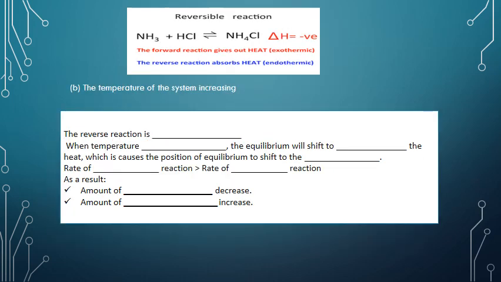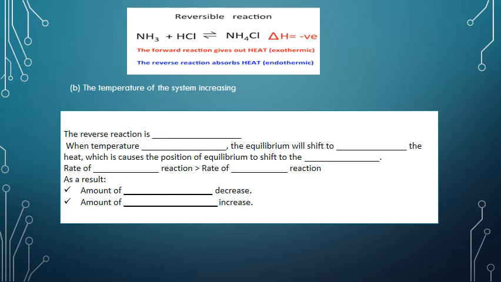Now, what happened when the temperature of the system is increasing? Kita tahu bila temperature of the system increasing, it means sekarang sistem kita sangat panas. Jadi bila sistem kita sangat panas, to reach equilibrium yang normal. Okay, to reattain back equilibrium, kita kena reducekan kepanasan tersebut. Jadi kalau kita nak reducekan kepanasan tersebut, kita nak shift to the right ataupun to the left.